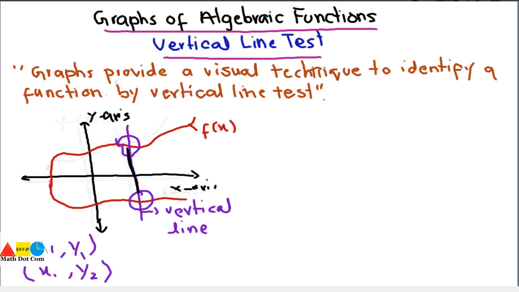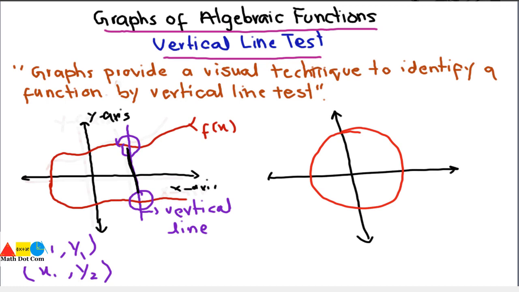Let's have one more example. If I have a function like this where we have the graph like this, okay, now I have to apply the vertical line test on it. Let's draw a vertical line. So I have drawn a vertical line like this. Now it is clear here that it is not a function. Why?